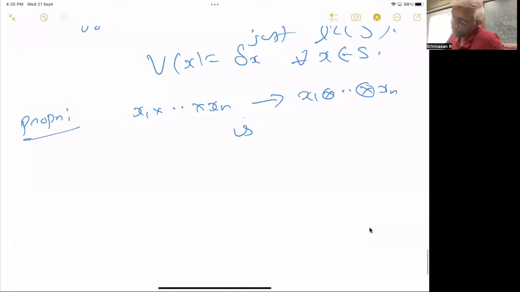Now we want to consider this. This is a little bit messy. Is it messy? I don't think so. Let us calculate this. What do I have to do? I have to verify this.